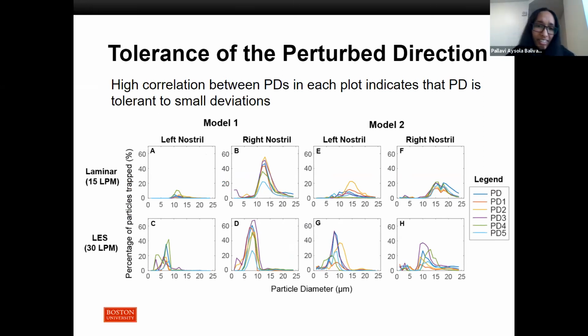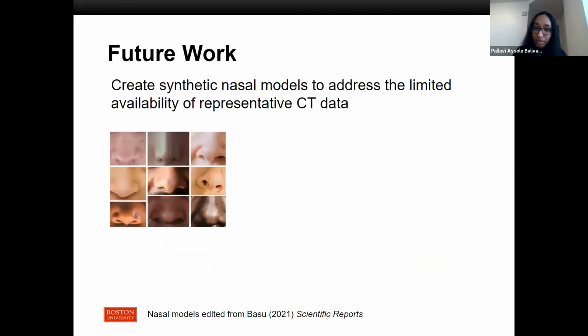So now one other thing that I want to mention here is that we have only used 2 models for our entire analysis, but noses vary really significantly between people across the population, as you all probably know. However, if we want to extend our analysis, we are really limited by the fact that CT data, computed tomography data, is really not readily accessible across the world, especially from low resource settings.